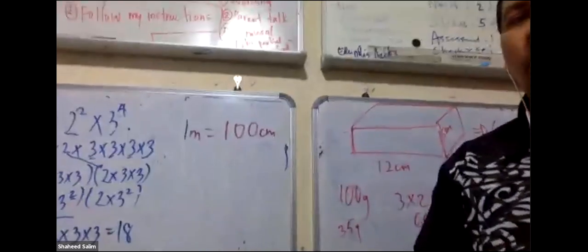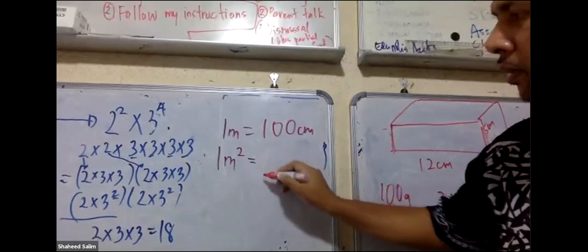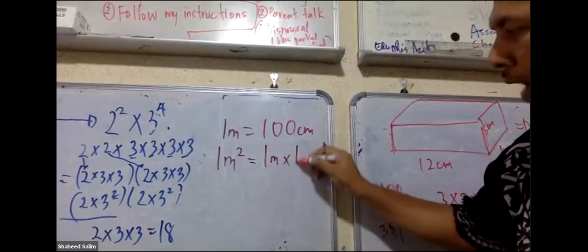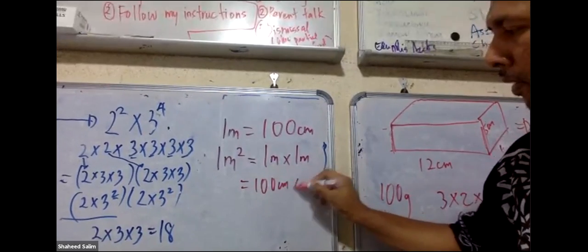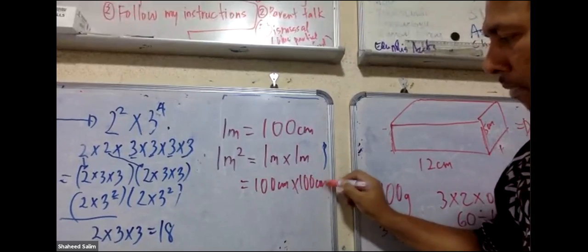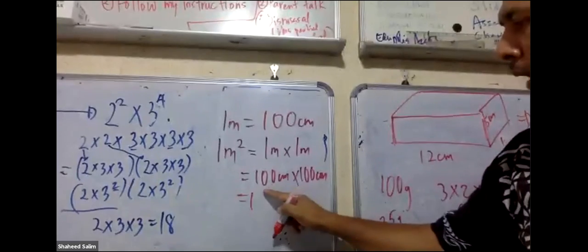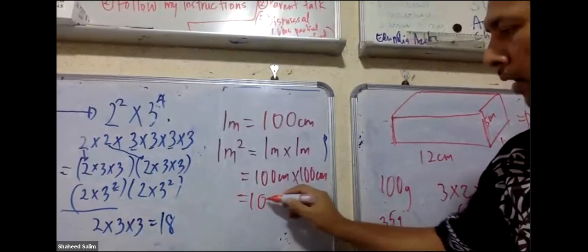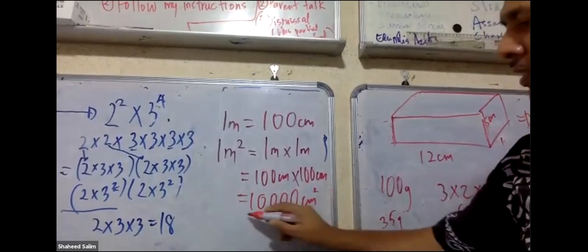But 1 square meter is 1 meter times 1 meter, which is 100 cm times 100 cm, which is equal to 10,000 cm cube.